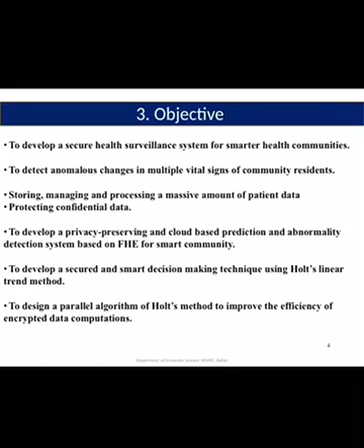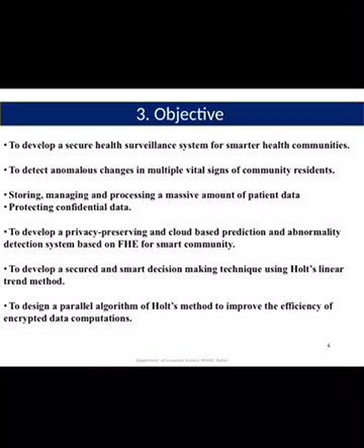This slide tells you about the various objectives to be considered, and they are to develop a secure health surveillance system for smarter health communities. In addition, to detect anomalous changes in multiple vital signs of community residents.